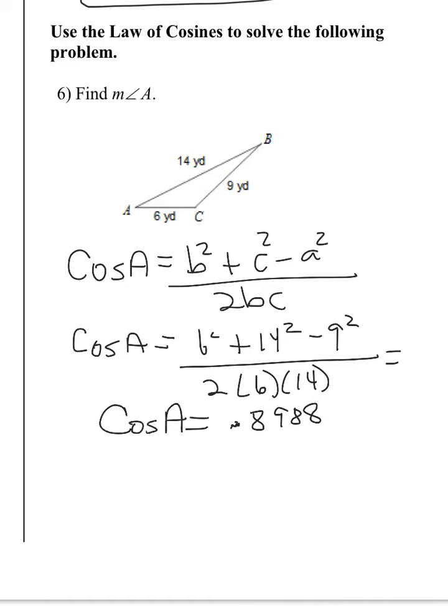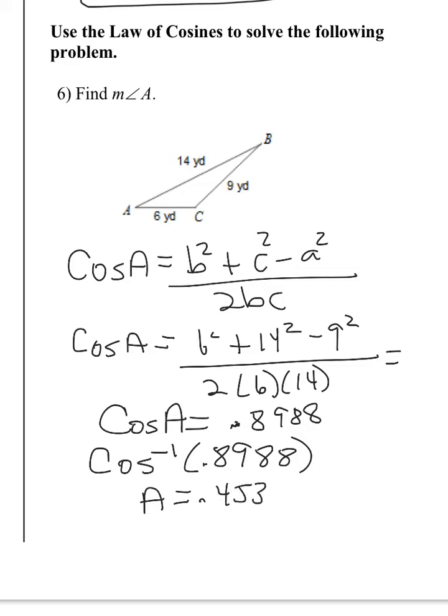So we need to solve for A by doing the arc cosine or inverse cosine. And that's why we have a decimal here, because this is actually the ratio. So we're putting it in as a decimal. And then when we do, we get angle A. And angle A in this case in radians is 0.4537, another decimal.